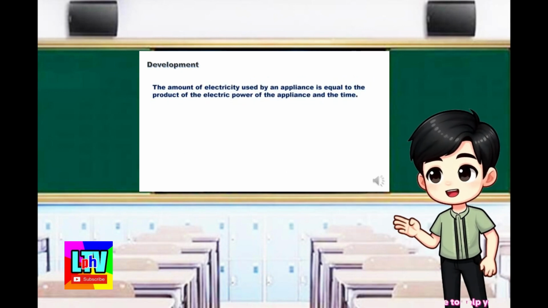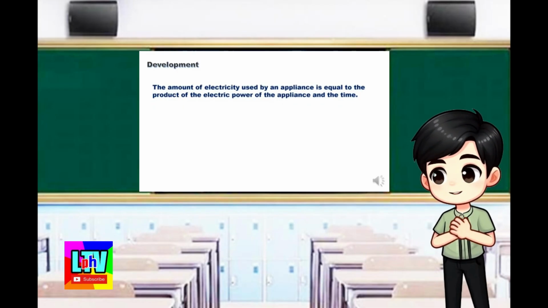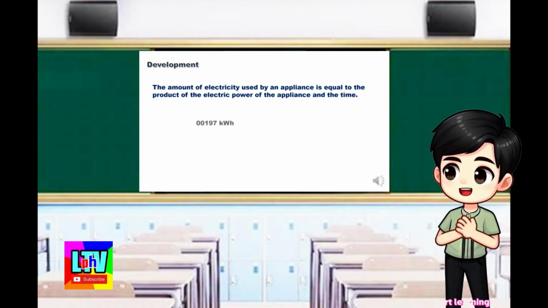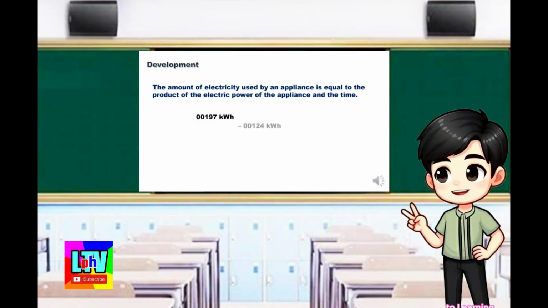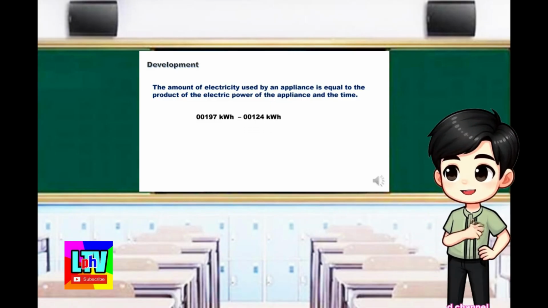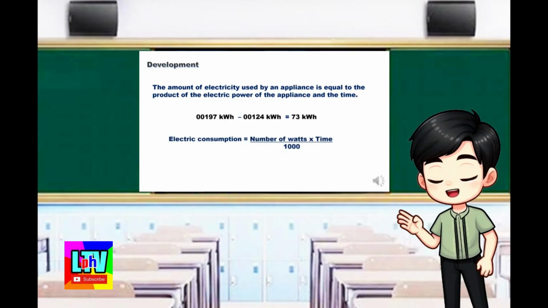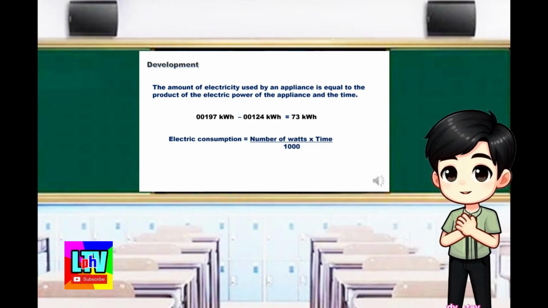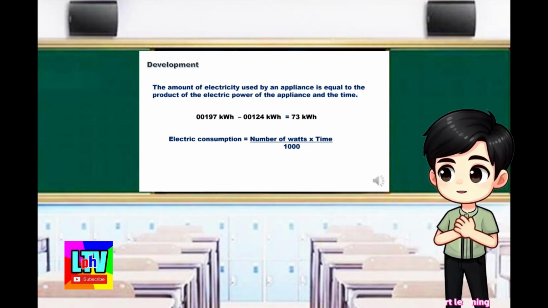The amount of electricity used by an appliance is equal to the product of the electric power of the appliance and the time. So 00197 kilowatt-hours minus 00124 kilowatt-hours equals 73 kilowatt-hours. To get the electric consumption equals number of watts times time divided by 1,000.